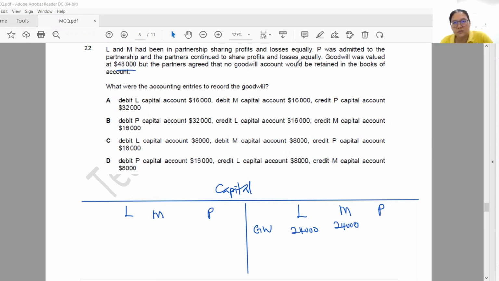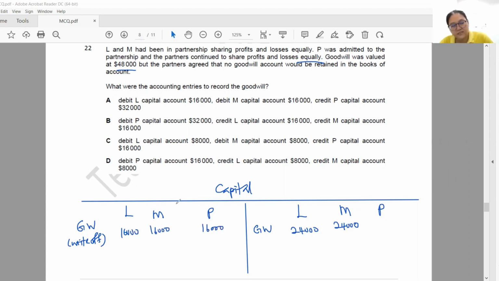Subsequently, we also reverse, which is the goodwill written off. When we write off the goodwill, the three share equally, so 48 divided by 3, we get 16,000 each.